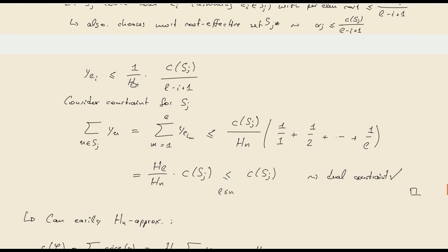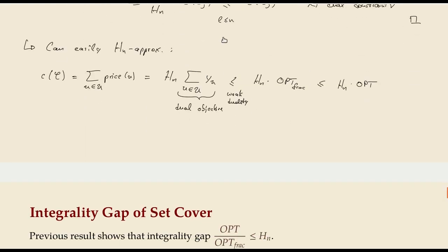Coming up with the scaling of Hn might be a bit tough, but if you just consider the worst case of a set that contains all elements, then this must go up to Hn. So it's clear that this can be tight for a boring input where there's a set that covers all elements. Of course, this would not be a really interesting set cover instance.